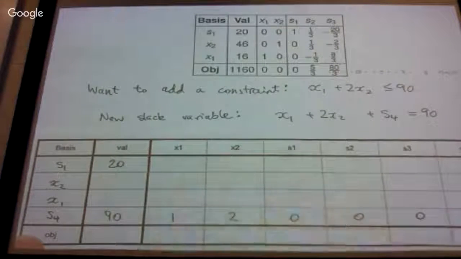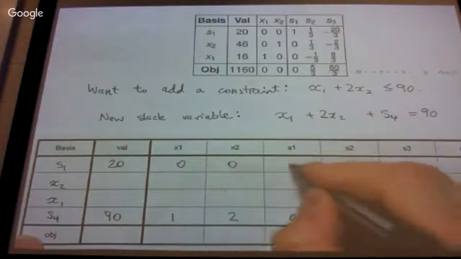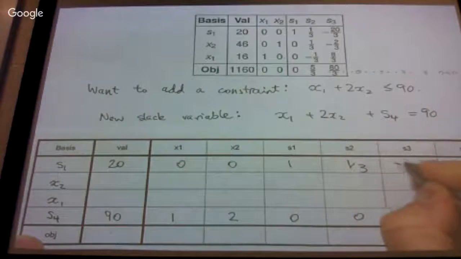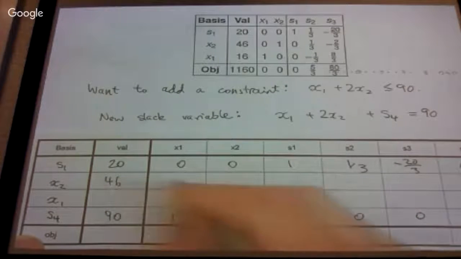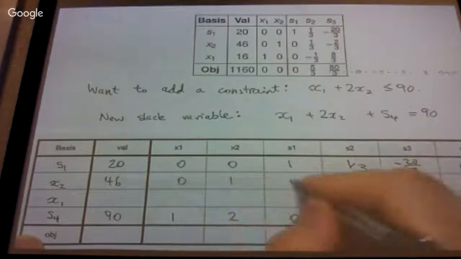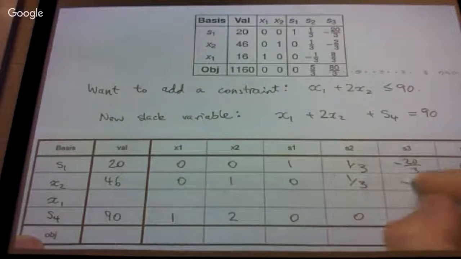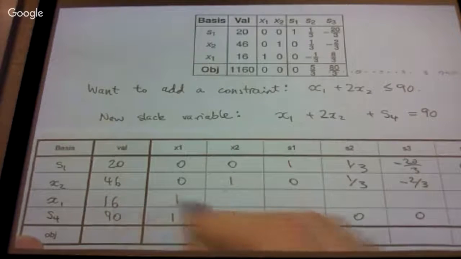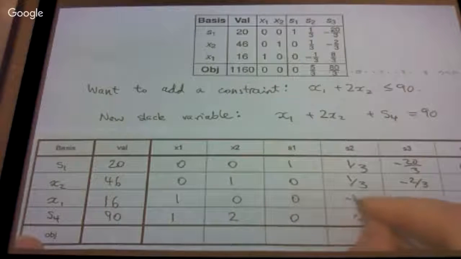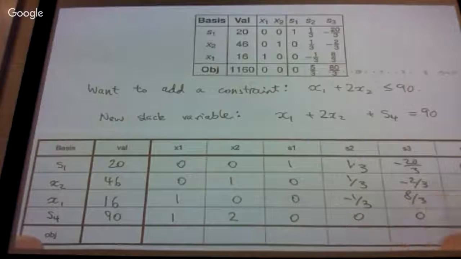So I have 20, 0, 0, 1, 1/3, minus 20 thirds, and nothing. And everything else is just copied. X1 was 16, 1, 0, 0, minus 1/3, 8/3, 0.